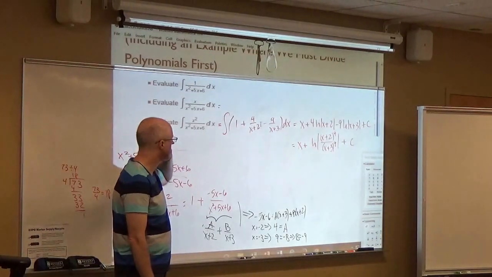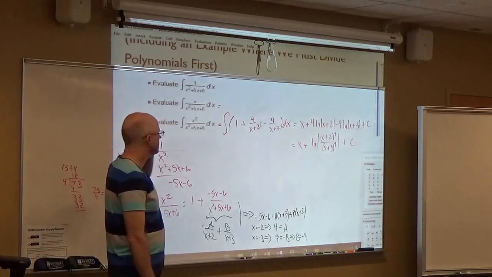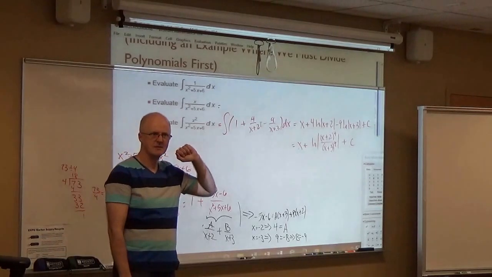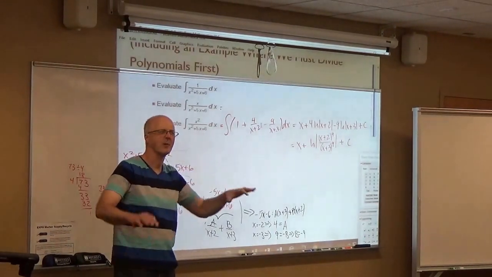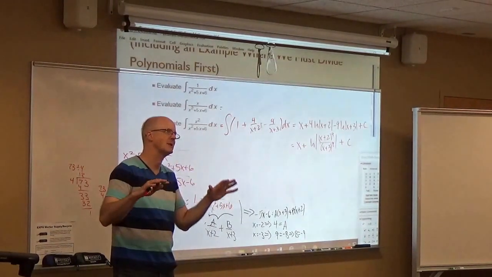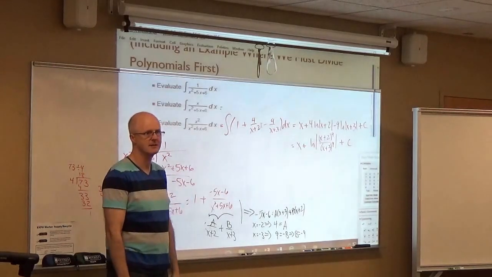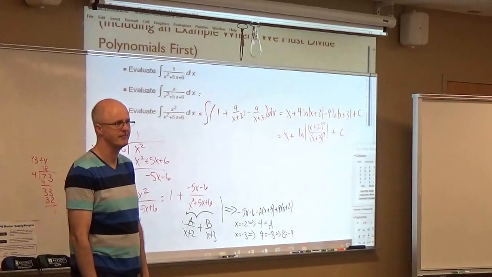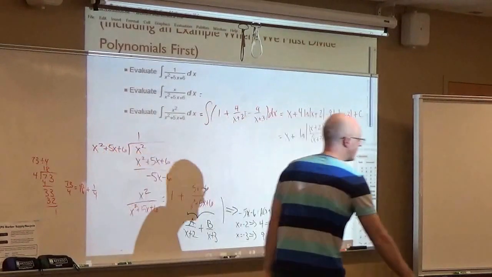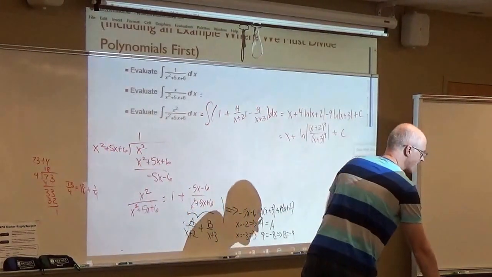It also is harder when you've got something squared at the bottom to deal with. Maybe I shouldn't say harder, but you have to do modifications to get it to work out right in those cases. And sometimes you have to complete the square as well.